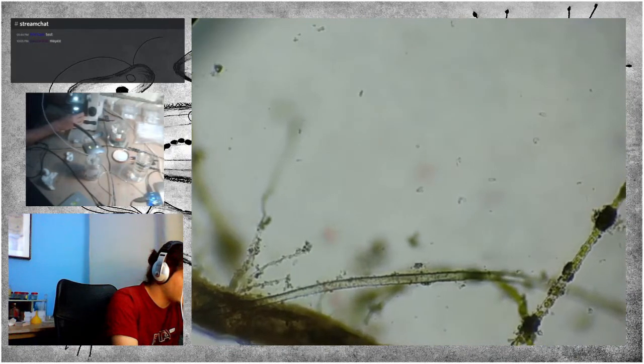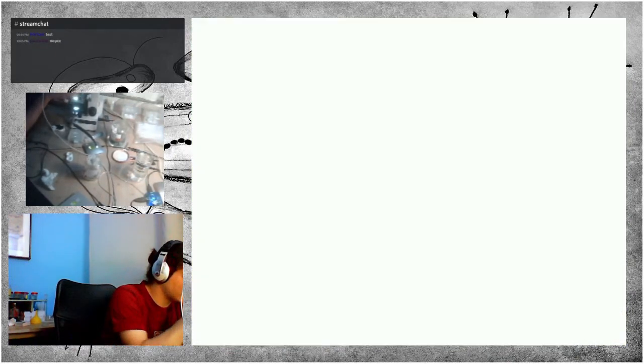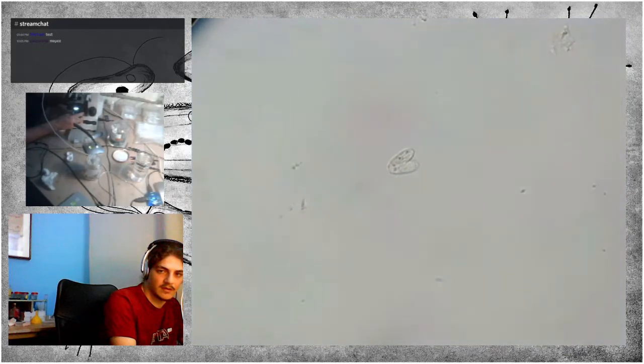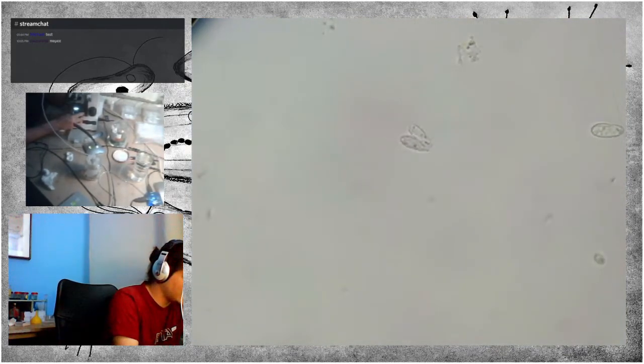Oh, I think there, let me change magnification again. Now, those I think are in the middle of conjugation, which is basically sexual reproduction in ciliates.